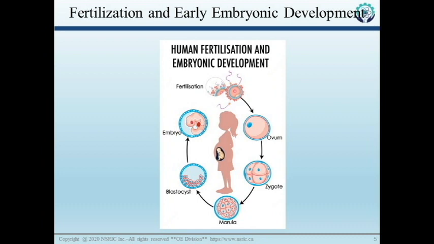And there's the formation of the amniotic cavity and the embryonic disc. So as implantation progresses, the blastocyst undergoes further transformations, and a fluid-filled cavity known as the amniotic cavity forms within the blastocyst.